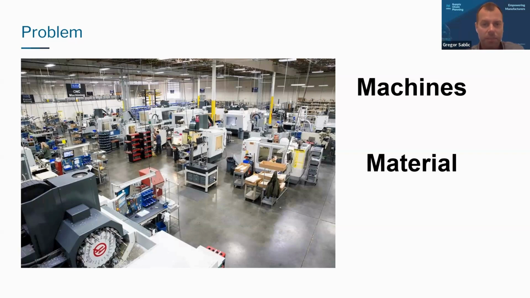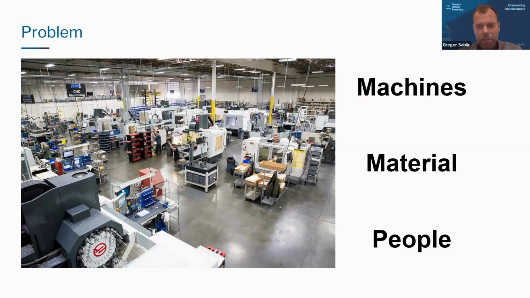The other resource is material, so raw material being transformed into final products. We also have people there, so workers who are responsible for certain operations, and also that they are able to give machines certain input to transform this material.